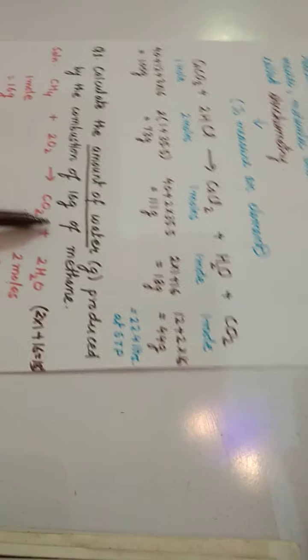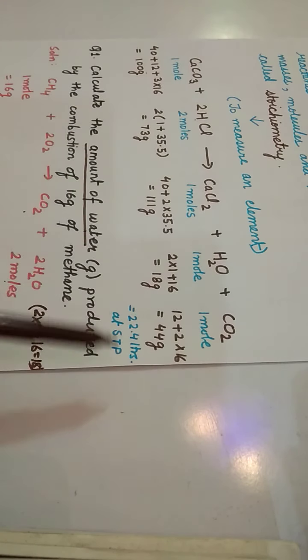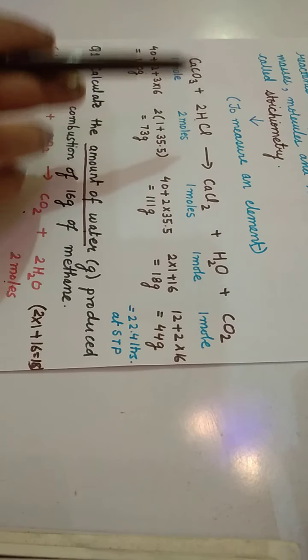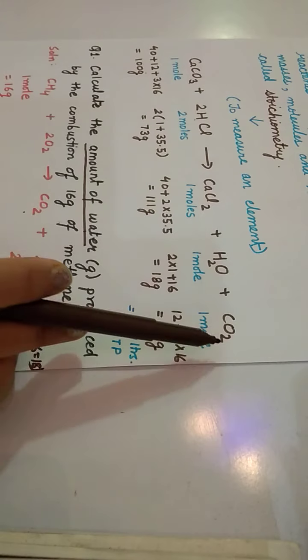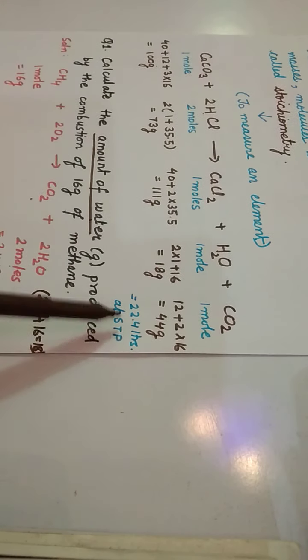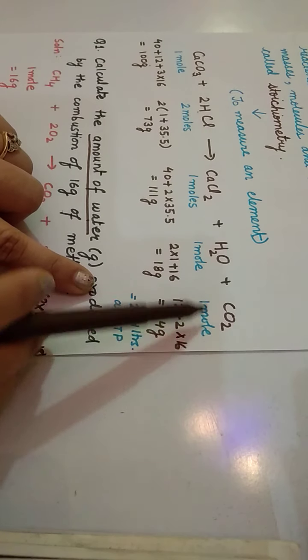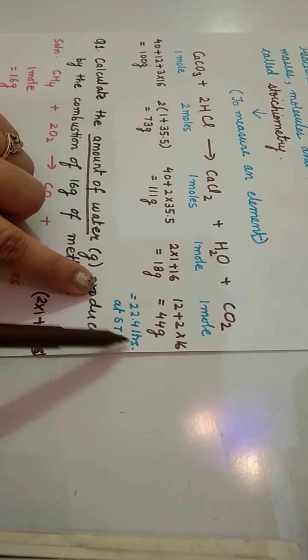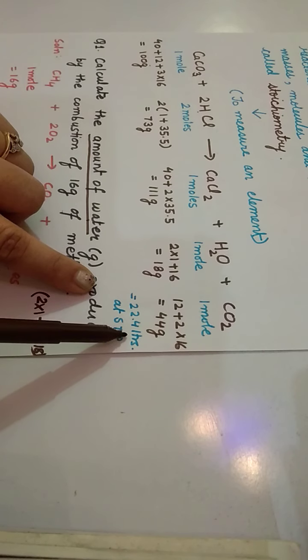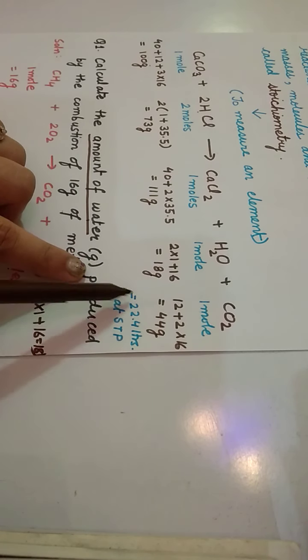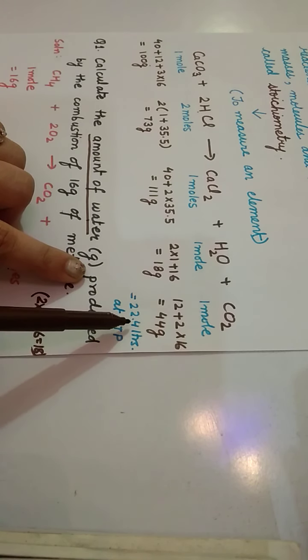In the same way children, if this reaction is carried out at STP condition, then calcium carbonate reacts with HCl to produce 22.4 liters of CO2 at STP. So at STP, CO2 gas is produced and it has volume equal to 22.4 liters. It means it is also giving the relationship in terms of volume.